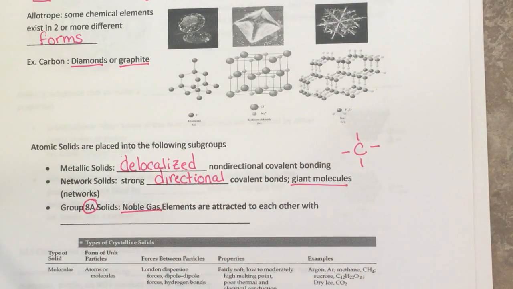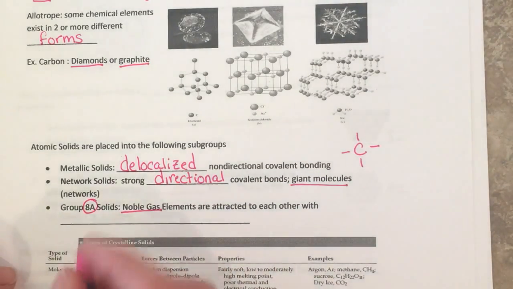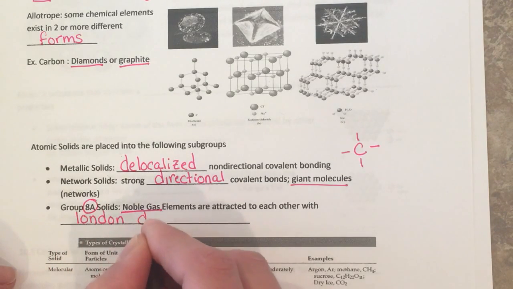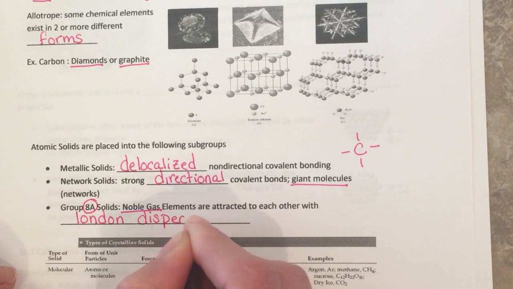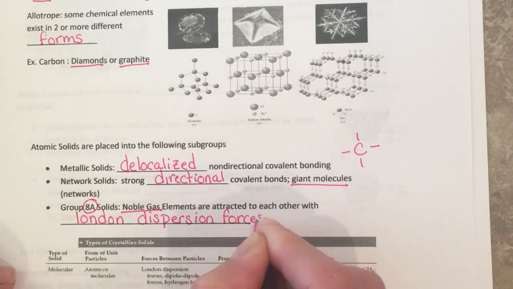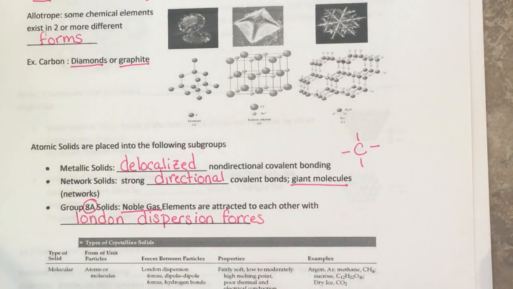Now when they form, what's going to happen is we're going to have London dispersion forces, or LDF, because again, remember they don't need to share electrons really to form, but we can have those electrons move around and get partially positive sides and partially negative sides, in which case they'll come together.